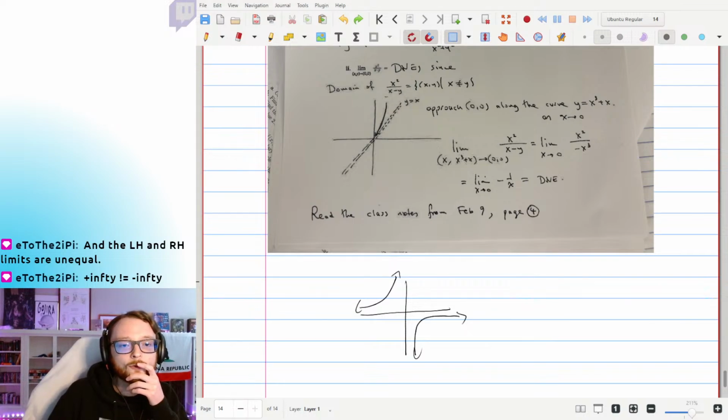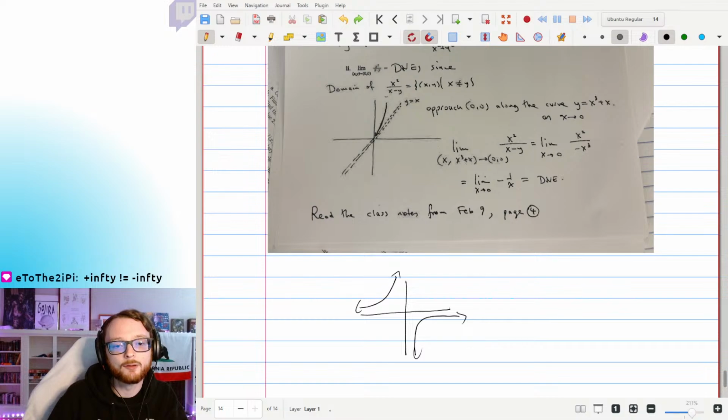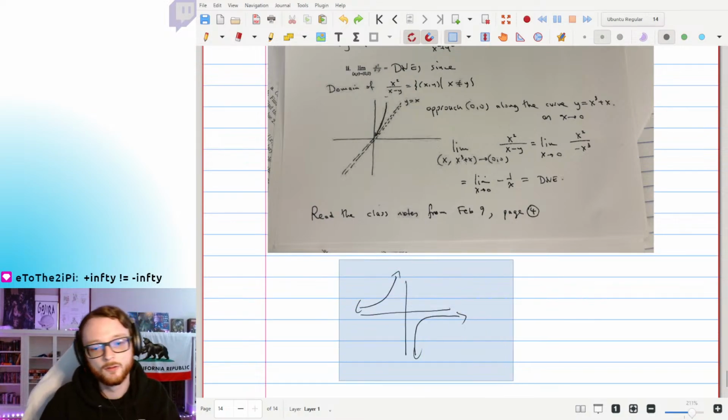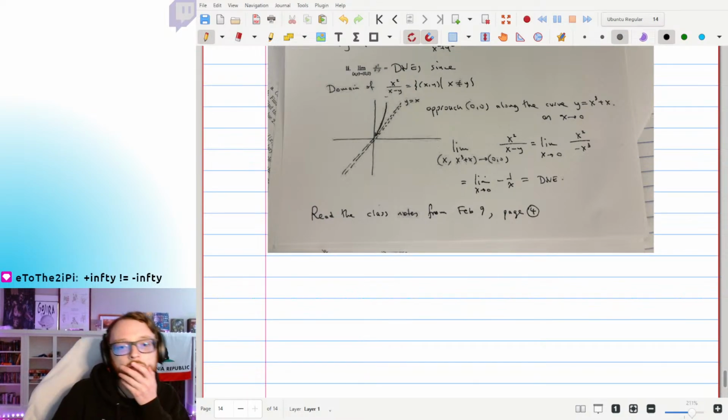I don't see this work ever taking x going to 0 though. Or I mean, I only see one piece of the... what am I trying to say?